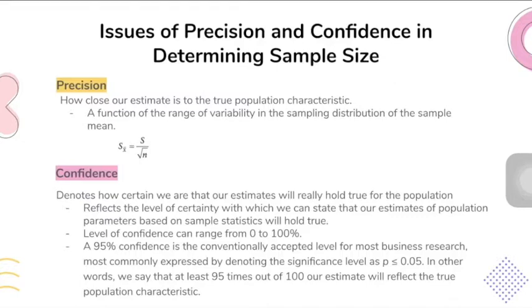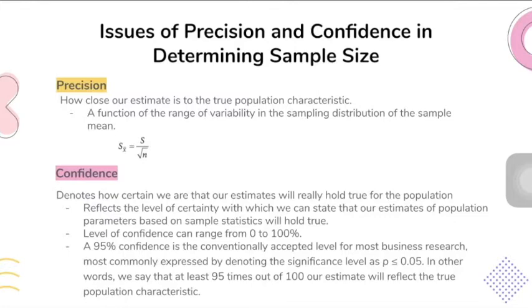As we can see, this is the equation for precision, where S is the standard deviation of the sample, the small n is the sample size, and Sx indicates the standard error, or the extent of precision offered by the sample.